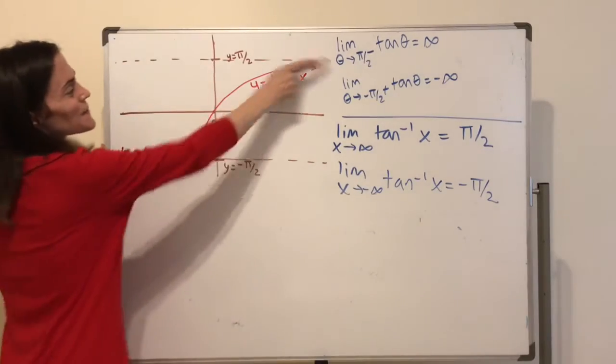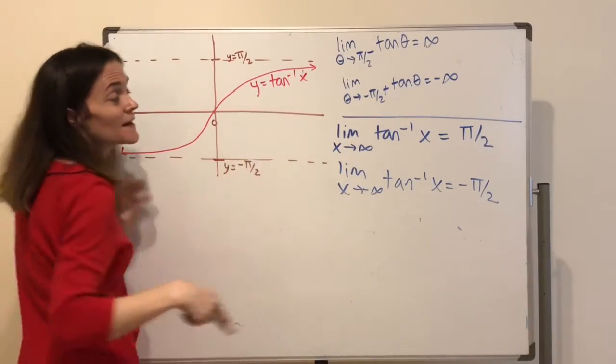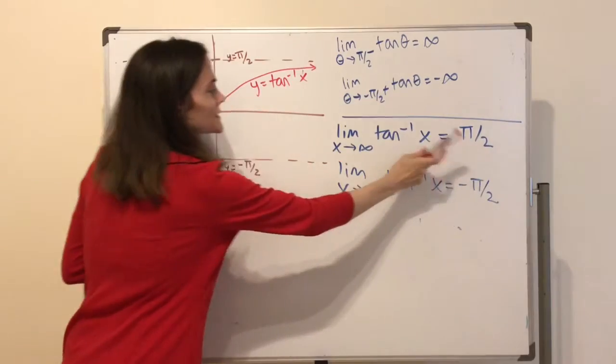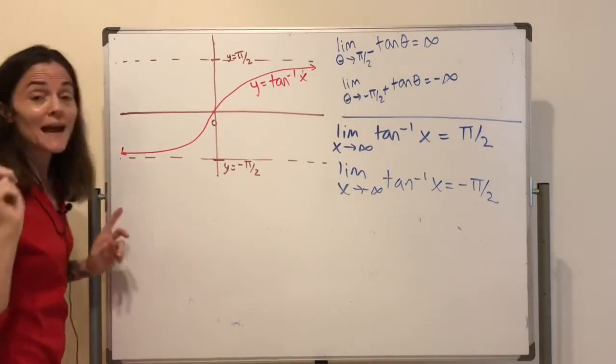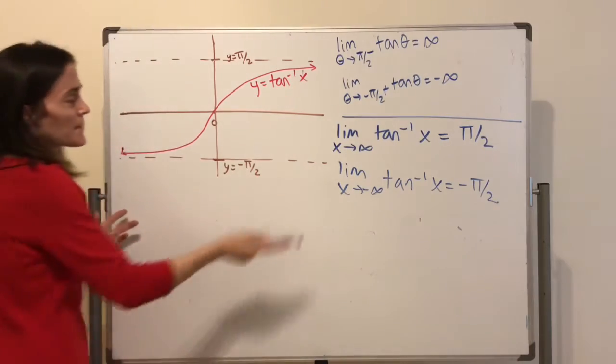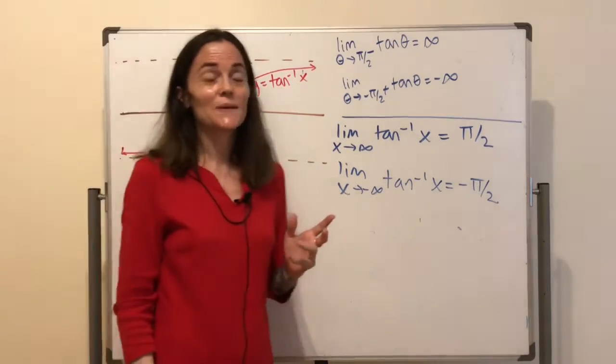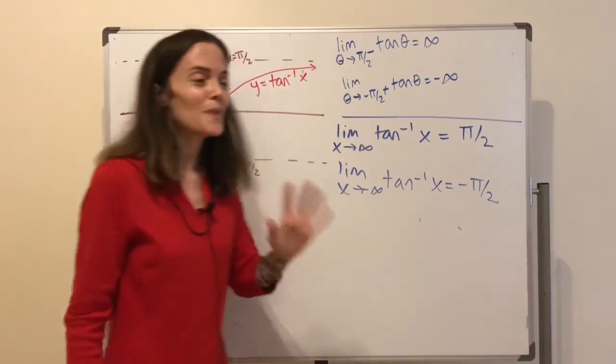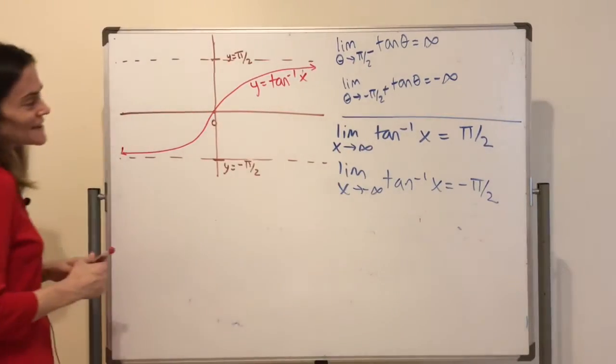And we can take a limit as x goes to infinity of the tan inverse, pi over 2. A limit as x goes to minus infinity of the tan inverse is minus pi over 2. And both of these come up, I'd say, a bunch in calculus 2, but we're also seeing them now in calculus 1.